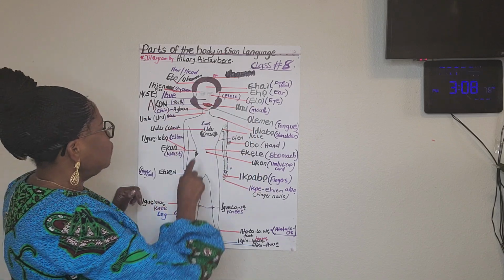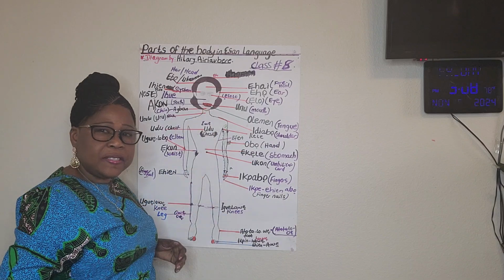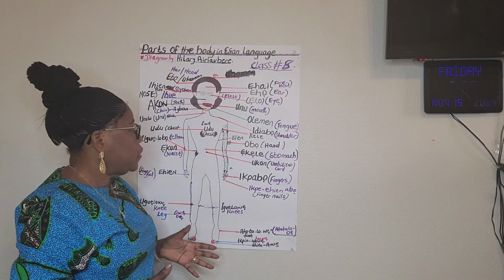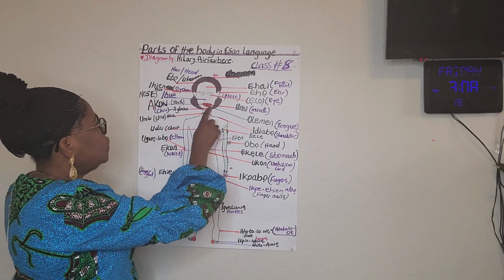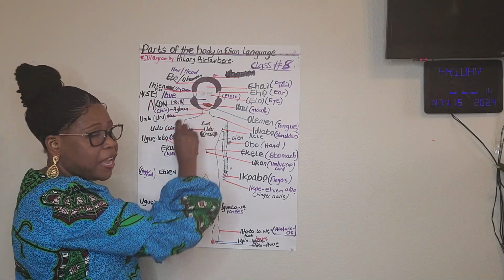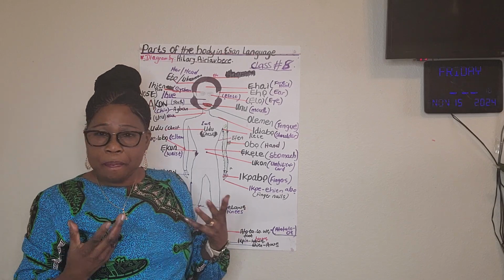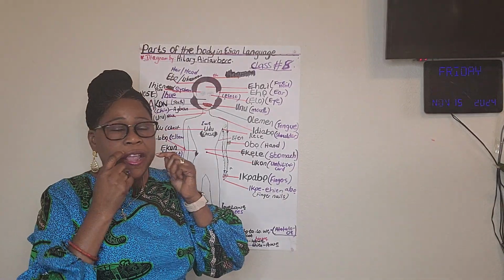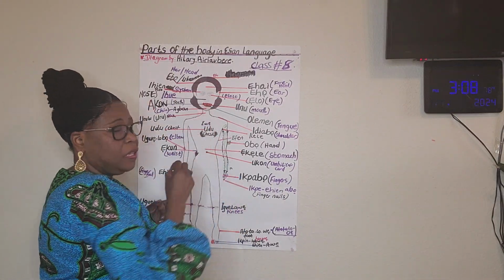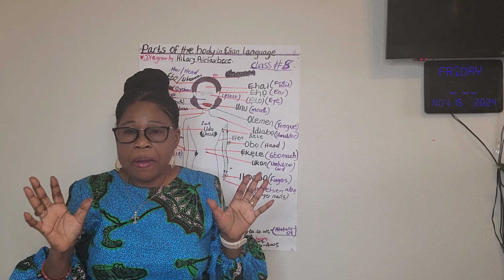Okay, coming down, this young lady has the lips painted red, and the teeth here seem to be blue or black. This is the teeth. And this side you have the tongue, like we have our mouth, right? This is my mouth. The whole thing here is the mouth, right?